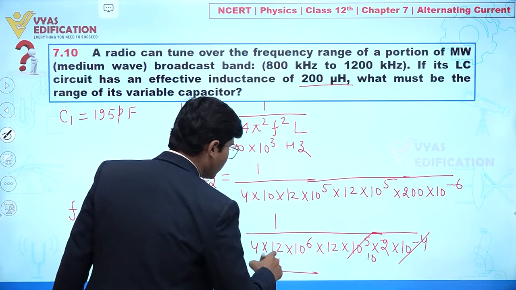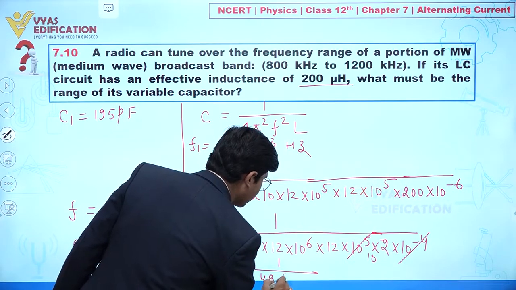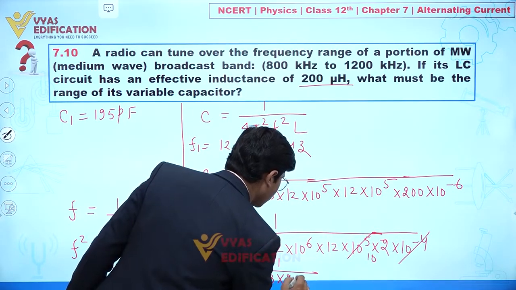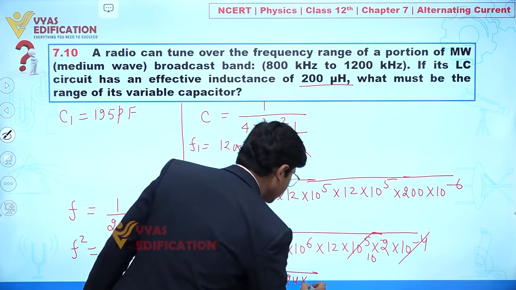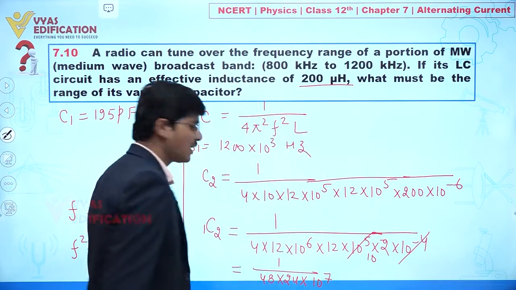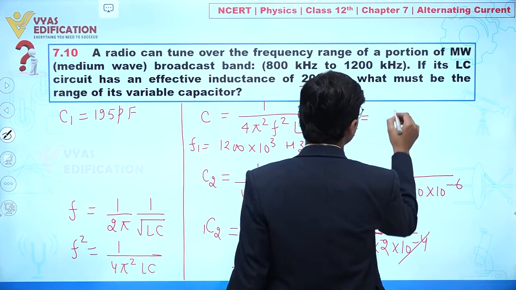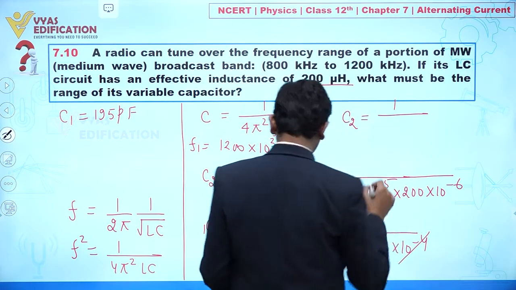So 12 multiply 4 is 48, multiply 12 multiply 2 is 24, multiply 10 to the power 7. Clear?